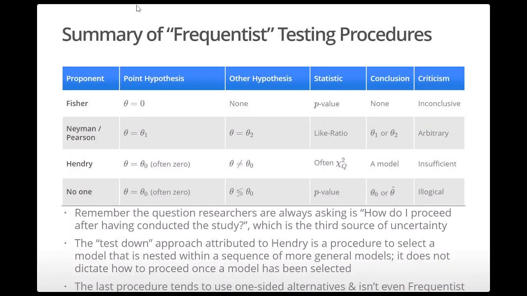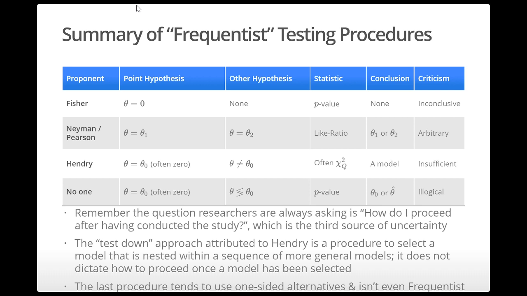So one point that we talked about Thursday in the context of the homework, but it was, I thought, sufficiently important to go over it again, the different types of testing procedures that all go under the banner of frequentist, even though they're very different things.